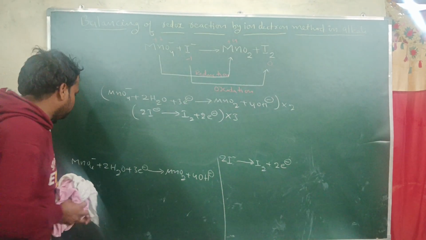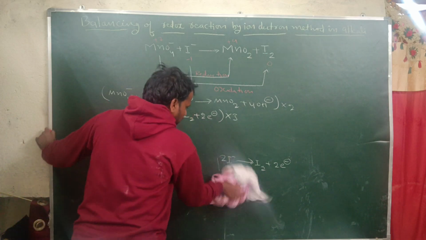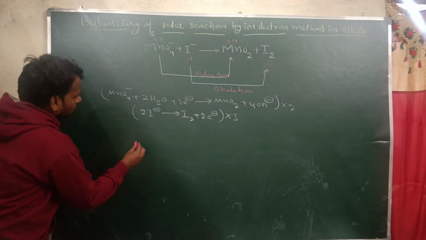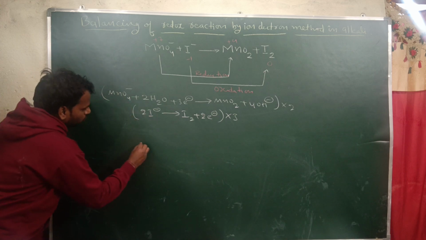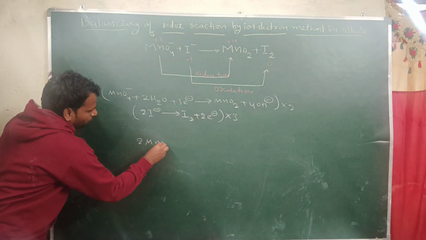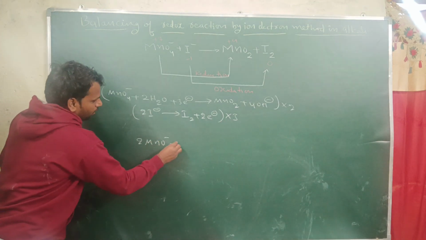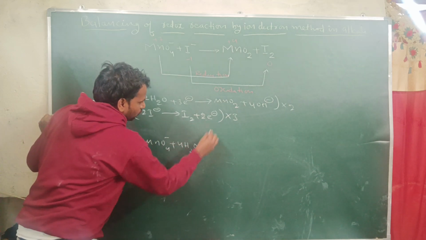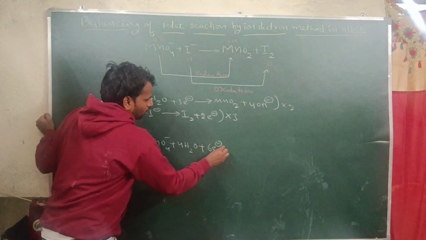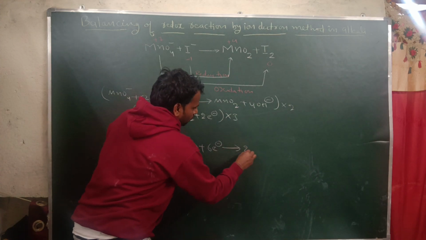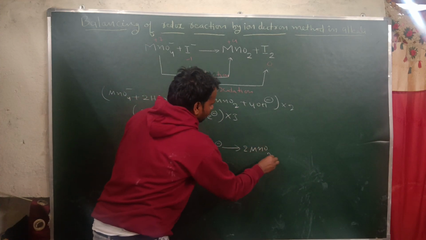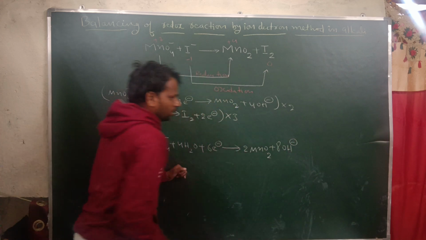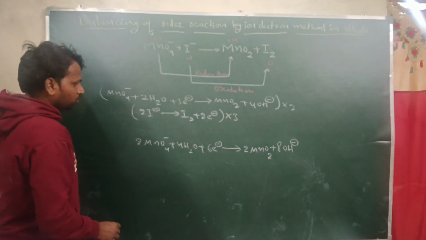So let me write here. 2 into MnO4 minus, 2MnO4 minus plus 2 times 4, 4H2O plus 2 times 3, 6 electrons gives rise to 2MnO2 plus 8OH minus units.